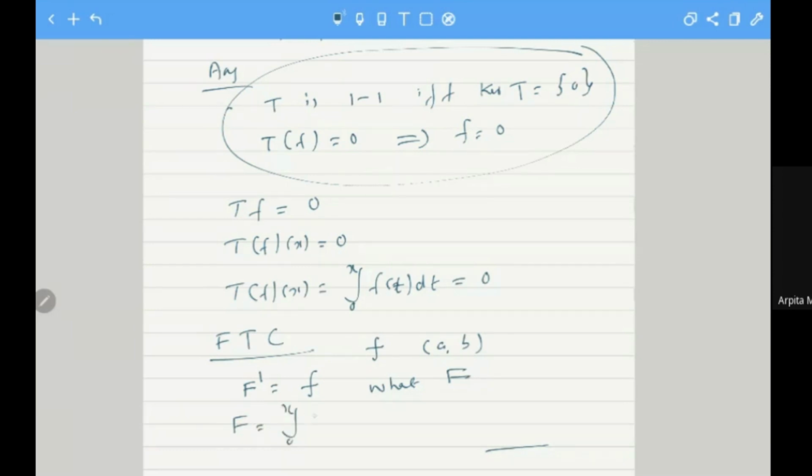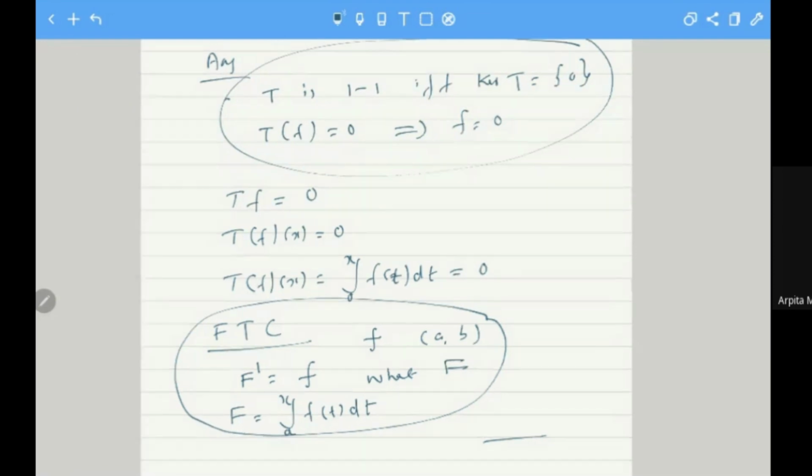It is nothing but integral 0 to x f of t dt. You start with a continuous function f on [a,b], and we look for an antiderivative of f, meaning some function capital F for which the derivative is small f. That F is given by integral a to x f of t dt. This is the fundamental theorem of calculus. I hope all of you remember this.